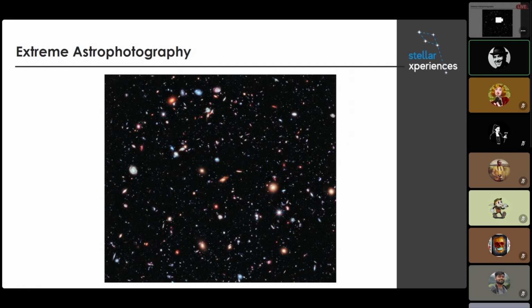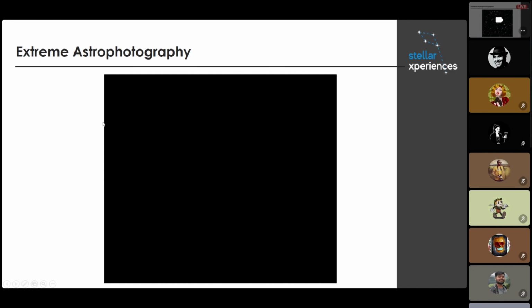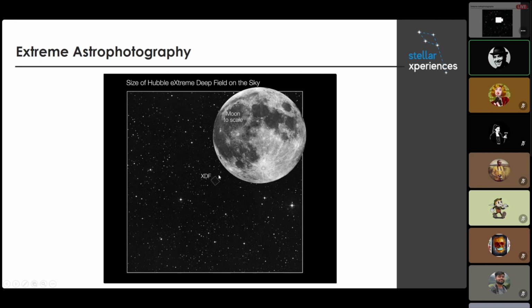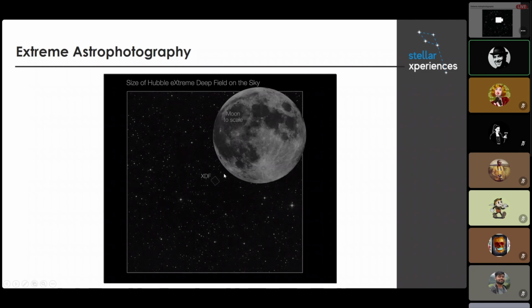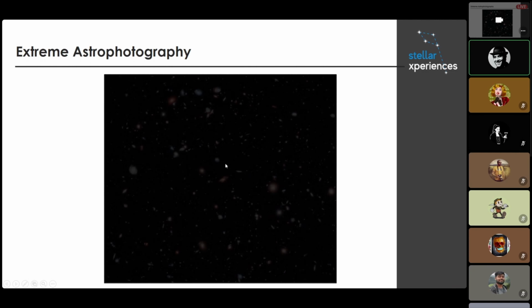That's too much. But like you see, this big area is just the 30 millionth of the whole sky, smaller than 1/10 of the full moon. It looks empty, just black, but there are 10,000s of galaxies.